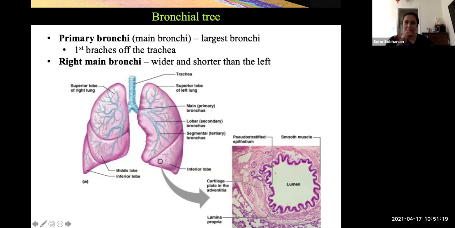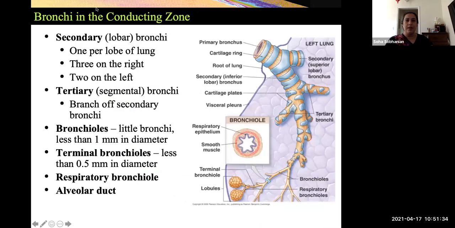Why does that matter? When we look at the secondary bronchi, so primary, secondary bronchi, each of the lobes of the lung gets its own bronchus. Secondary or lobar bronchi is basically one per lobe of the lung.